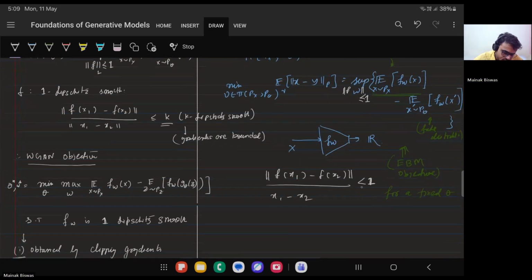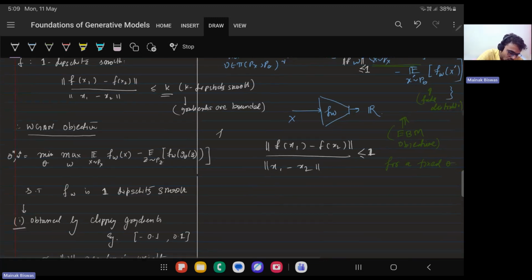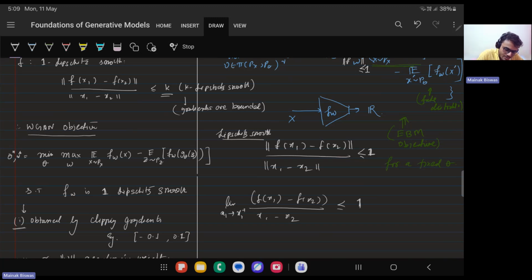And then in this Wasserstein GAN, you can think of it in 1D. What is Lipschitz smooth? Which means that if it is a 1D case, f of x1 minus f of x2 by x1 minus x2, limit x1 tends to x2 plus, is bounded by 1, which means that f dash of x should be bounded, generally in absolute value for 1D, which means the gradients have to be small.